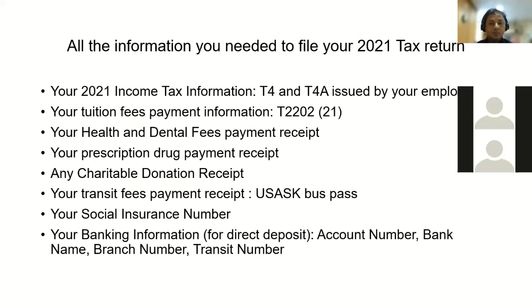Sometimes it takes a lot of time, and that is why I always recommend providing banking information in the tax file, so that the government can directly deposit the refund into your bank account, which is a much faster process. Okay, so these are the information you need to submit your tax return.